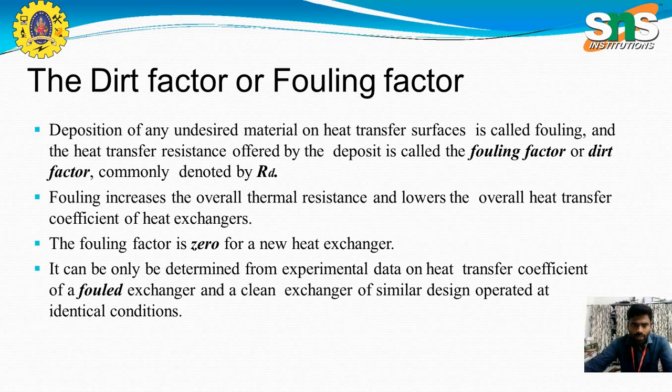Once the deposition is made on the surface, it will automatically reduce the heat transfer rate. Once the heat transfer rate is reduced, the heat exchanger will face problems. This type of resistance deposition is called fouling or dirt.